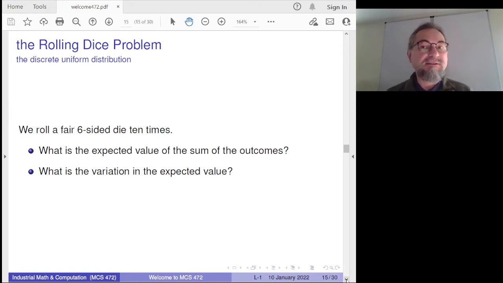What is the expected payout? Also, if everything is equal probability, sounds fair, what is the expected variation in the outcome? So designing games, the gaming industry is quite important.